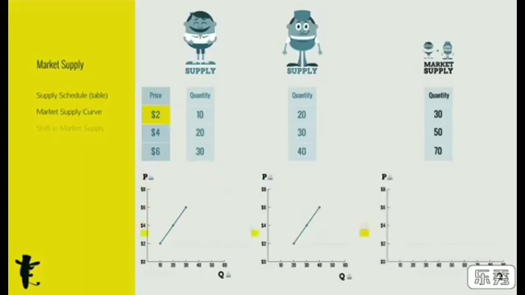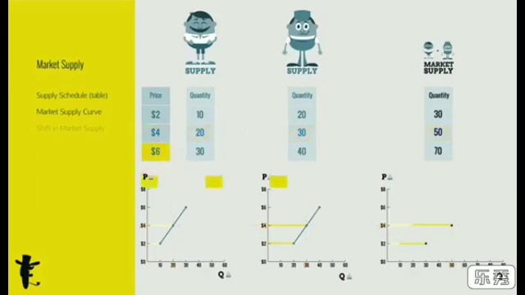At $2, the total cakes supplied is 10 plus 20 equals 30. At $4, it's 20 plus 30 equals 50.